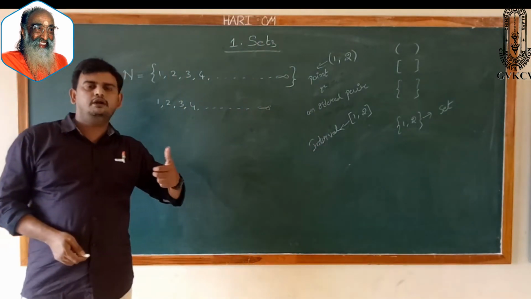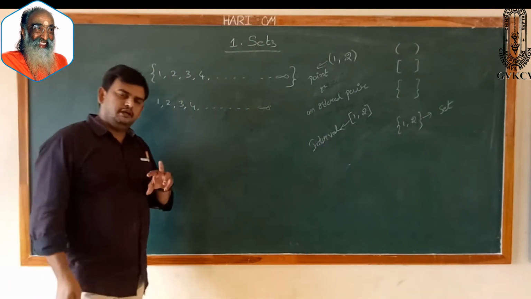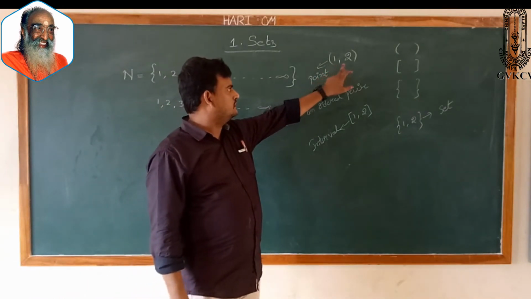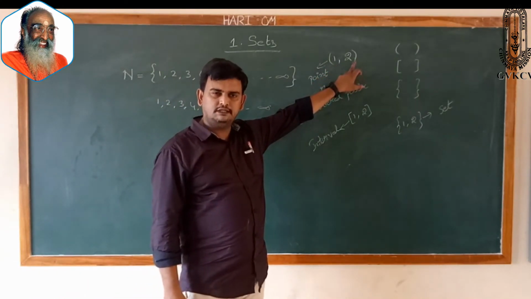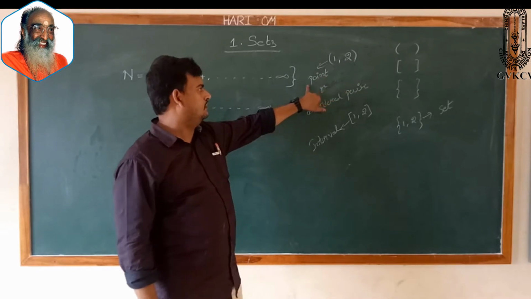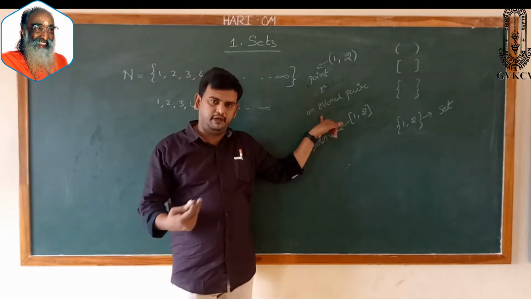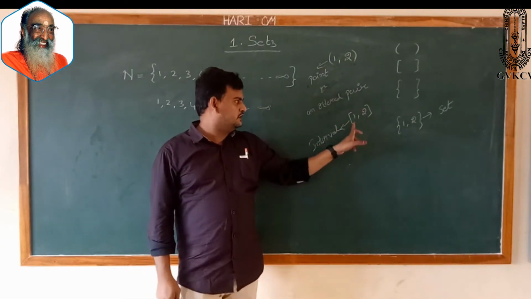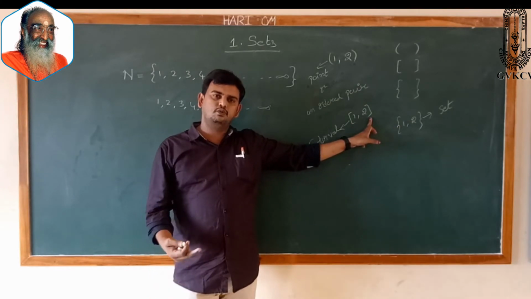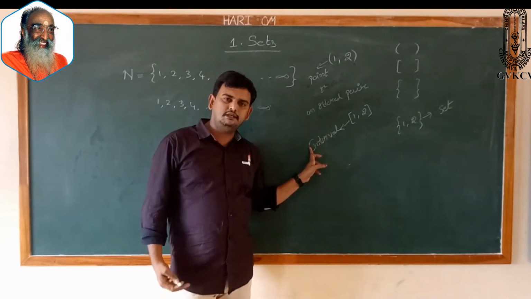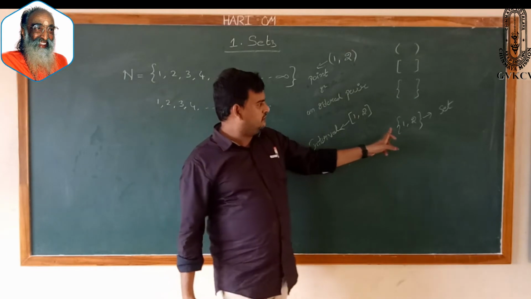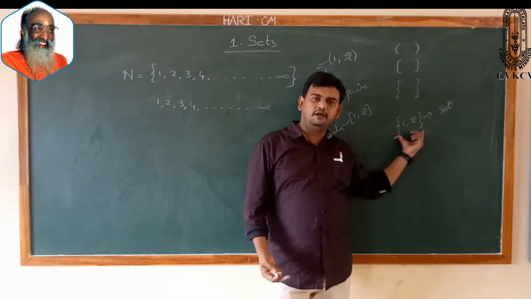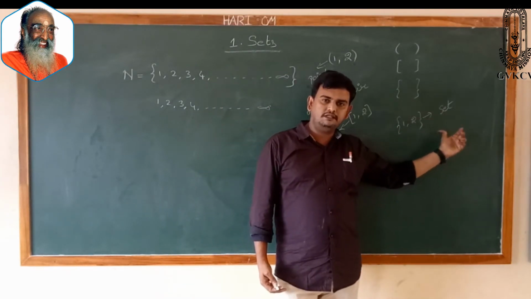What are they? 1 and 2. When the numbers 1 and 2 you place within the small brackets, this representation is called a point or ordered pair. The same numbers when you place within the square brackets we call an interval. The same numbers when we place within the flower brackets, this representation is known as a set.